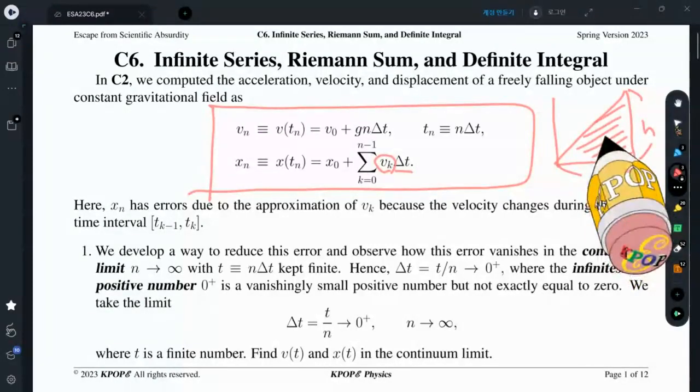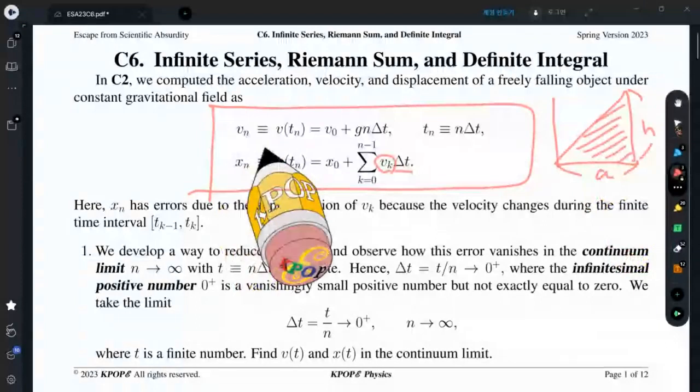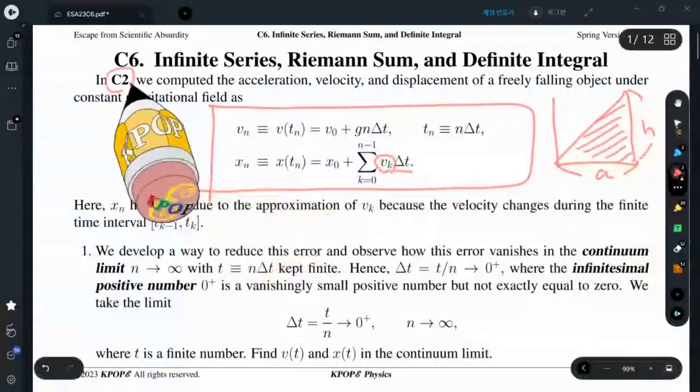Okay, so I do not have to repeat what we have done with the C2.